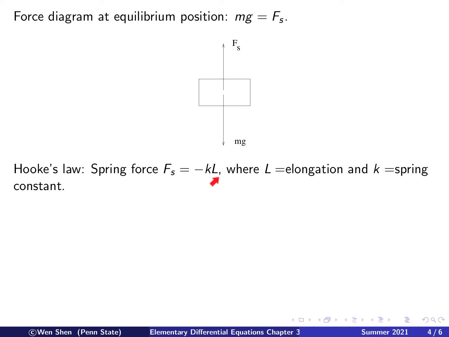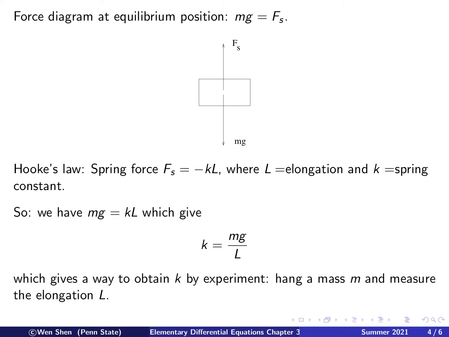What this says is that the force exerted from the spring for a given spring is proportional to the elongation. If you stretch it further, it pulls you more strongly backwards in a linear relation. And for a different spring, the spring constant can be different.